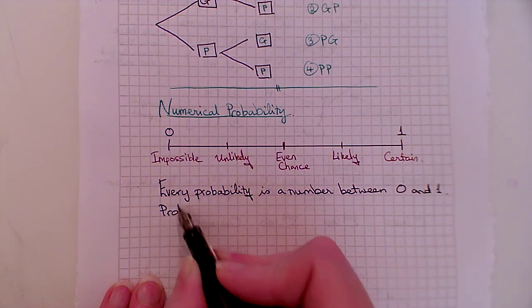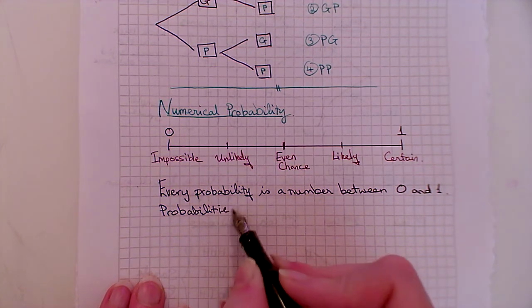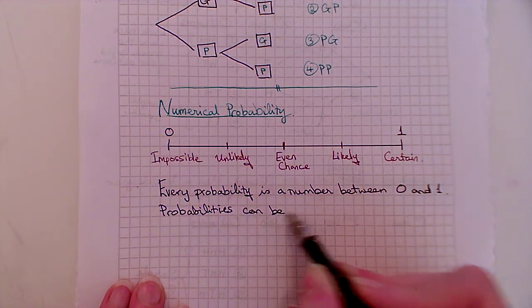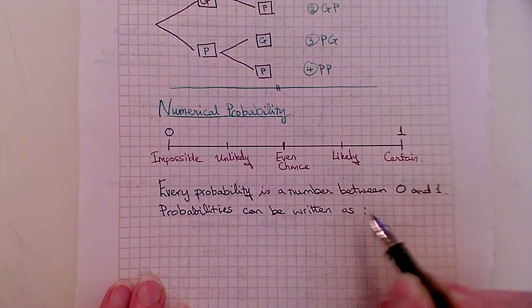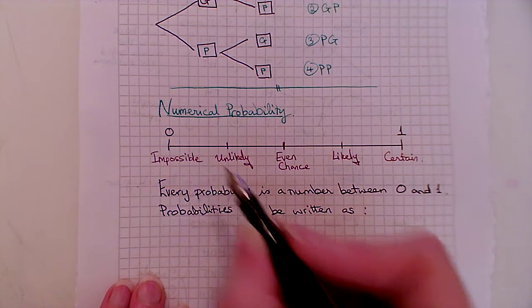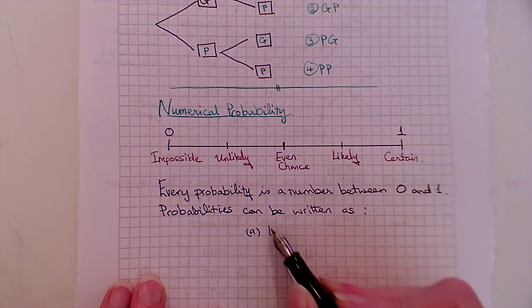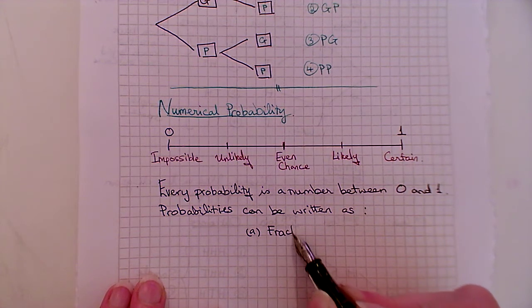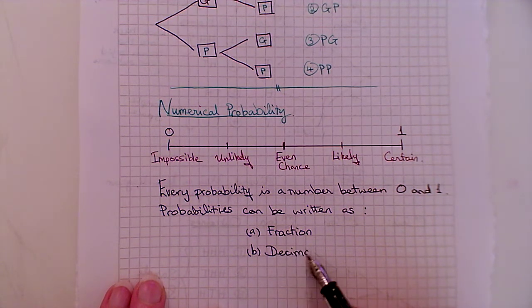Probabilities can be written 3 different ways. Well, any number between 0 and 1 is not going to be a whole number, right? So it can be written as a fraction, or you can write it as a decimal, or we can write it as percentages.